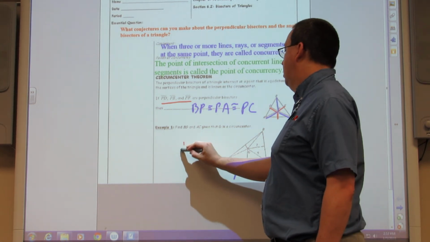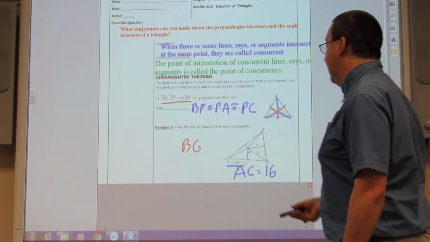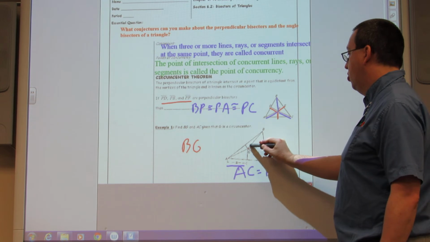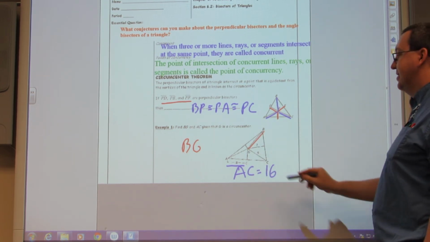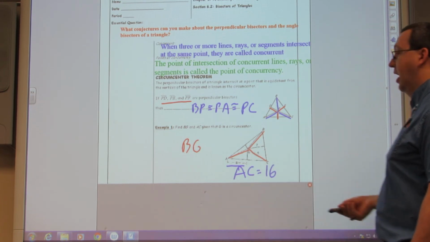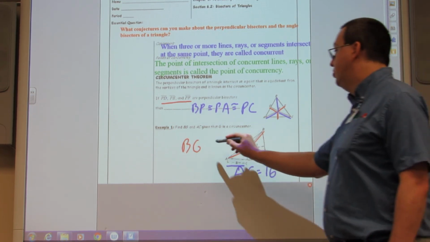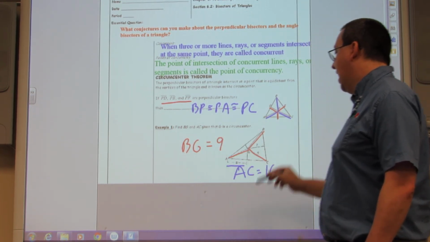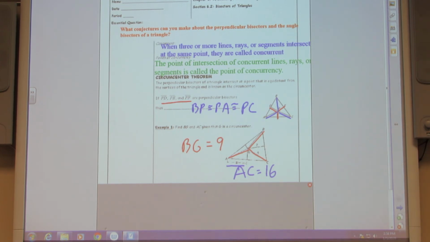BG, though, is going from the center to an angle. That is the same length as these other lines that do that because G is a circumcenter. So this line is 9 based on CG.